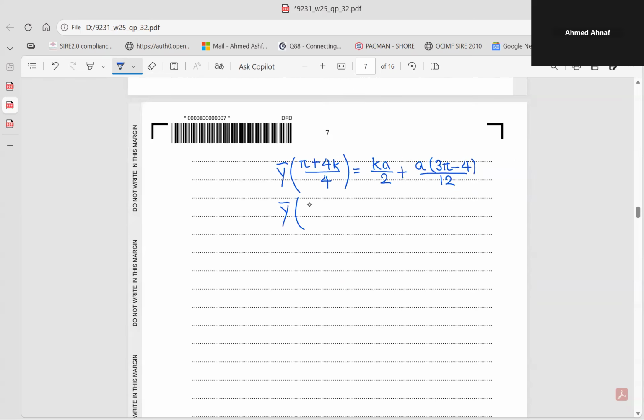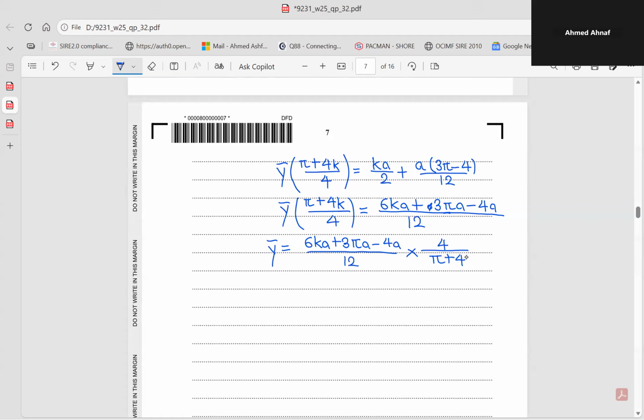Okay, so 12, 6, 6ka, 3 pi a minus 4a. And now we can just find y bar, which is just 6ka plus 3 pi a minus 4a over 12 times 4 over pi plus 4k.